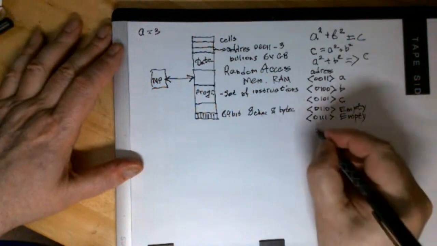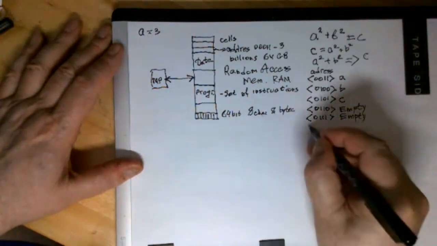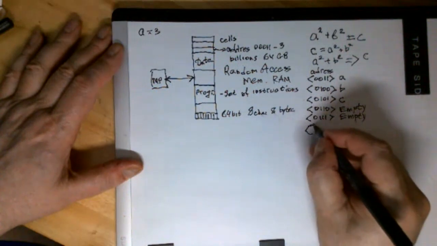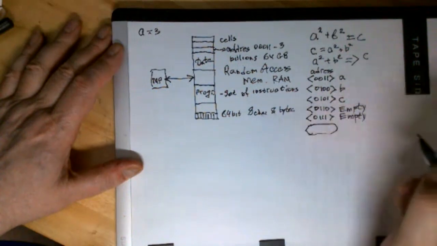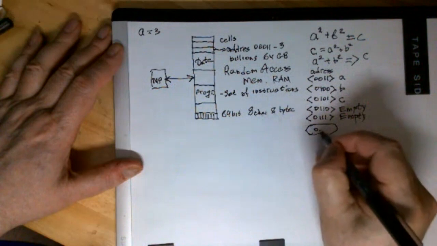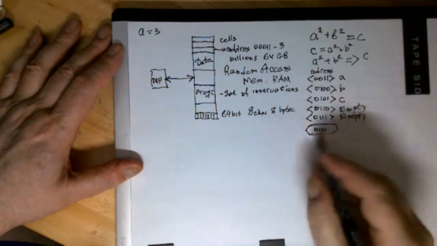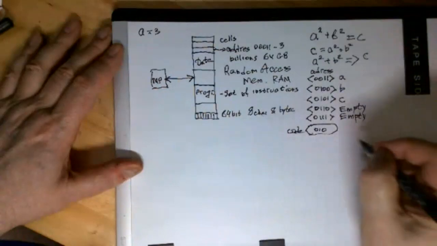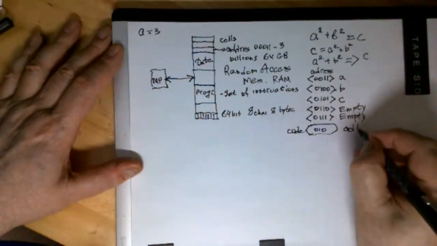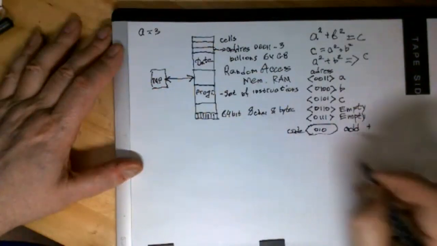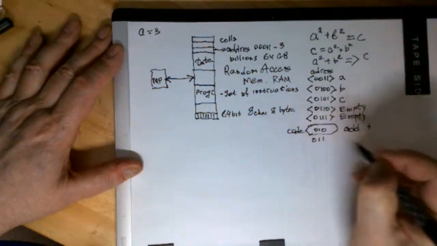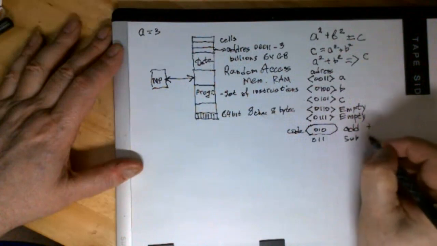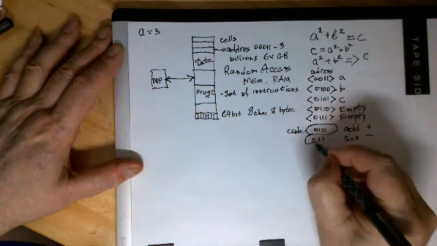So I will use operations like this. Operation 010, that is the code of operation. That will be add, or just plus. 011 will be subtract, or minus.